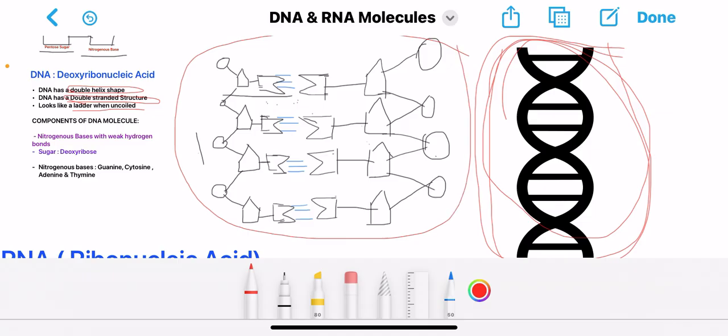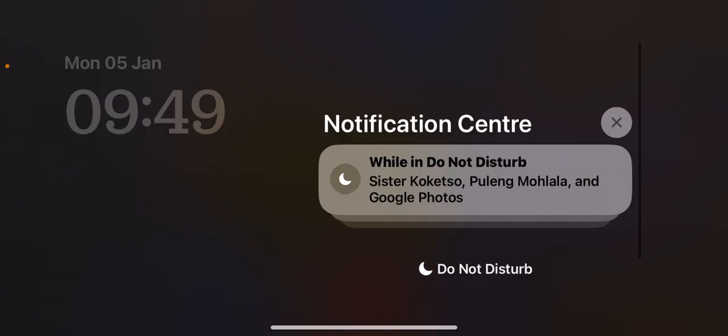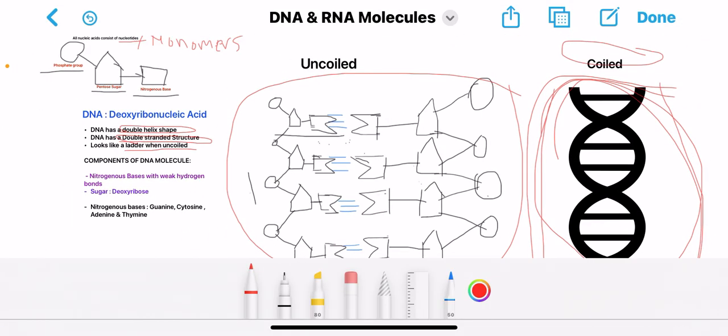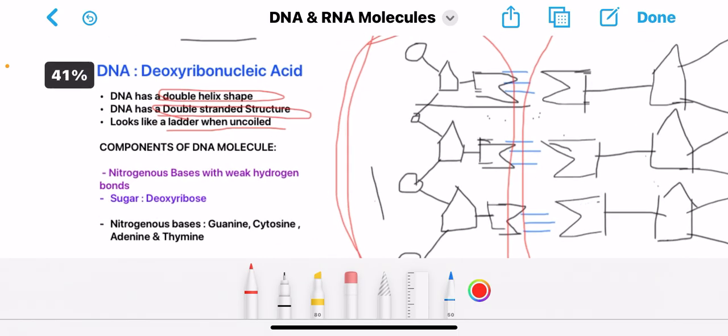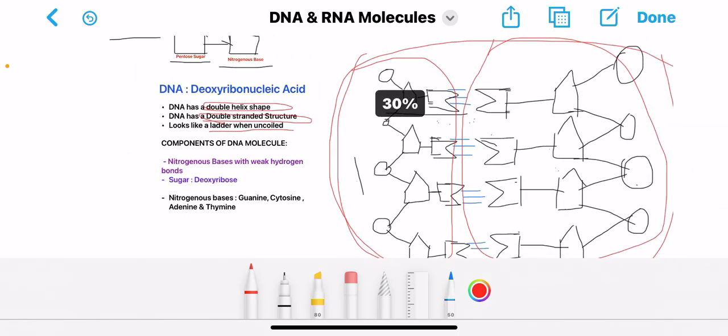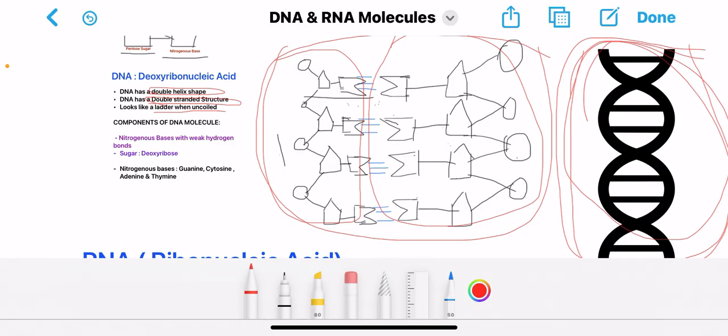As you can see, we have the first strand here, and we have the second strand here. As I said, it has a double-stranded shape. That's why it is double-stranded.